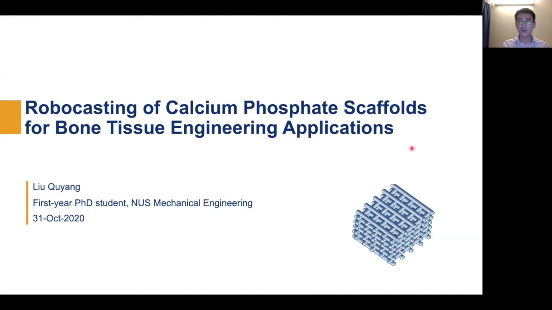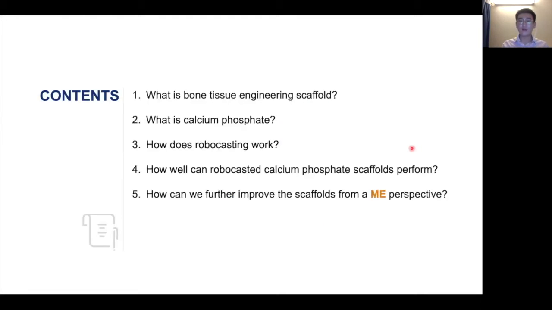But we can start with breaking it into smaller parts by asking, first of all, what is bone tissue engineering and what is a bone tissue engineering scaffold? Then with this targeted application in mind, we can take a look at the material as well as the process.